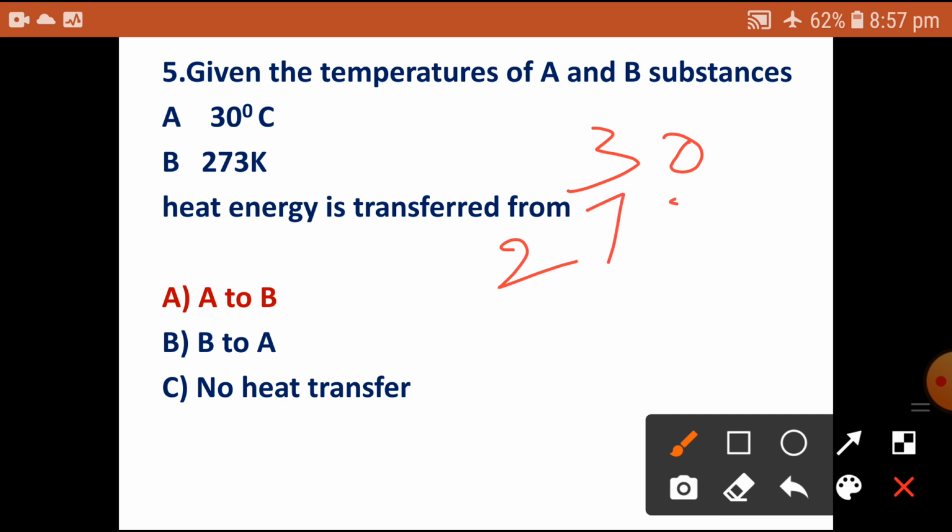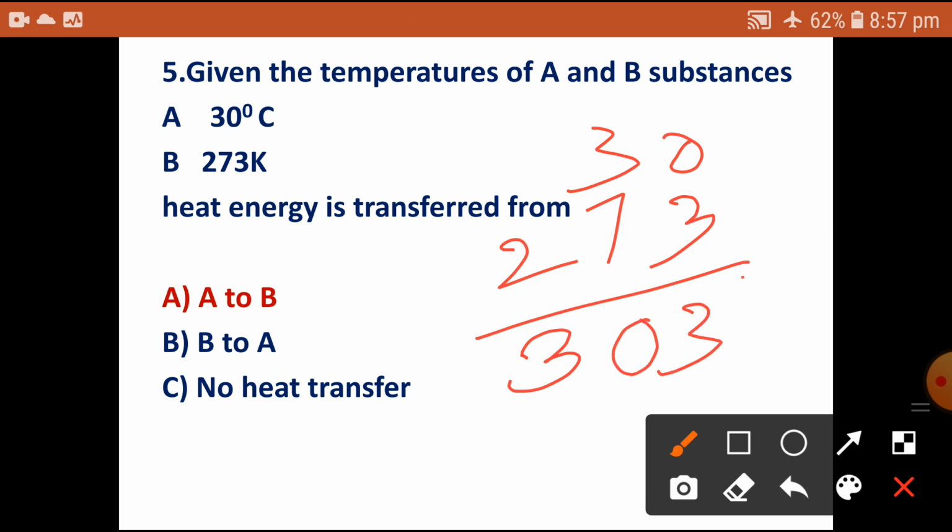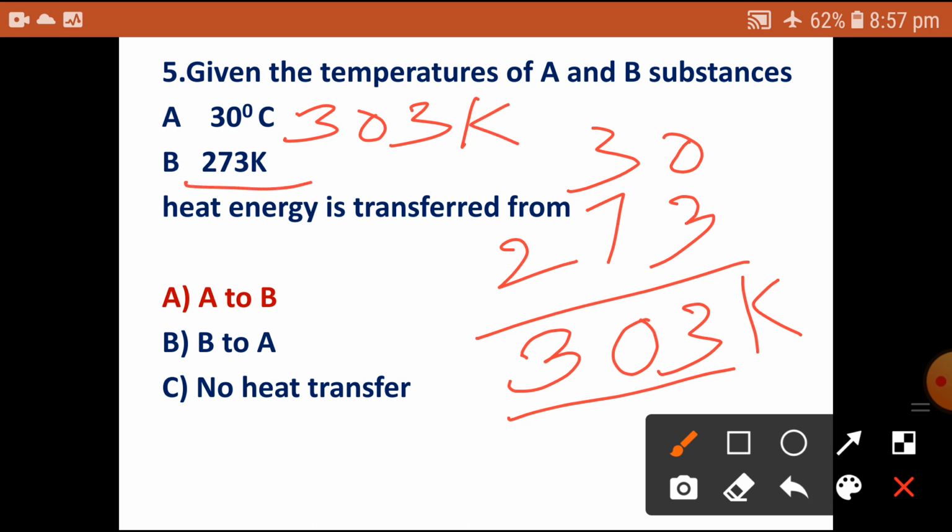So 30 plus 273, 303 Kelvin. This is 303 Kelvin, this is 273 Kelvin. Already what we learned, heat energy transfers from the body at higher temperature to the body at lower temperature. So A is at 303 Kelvin, A is at higher temperature when compared to B. So the heat flows from A to B.